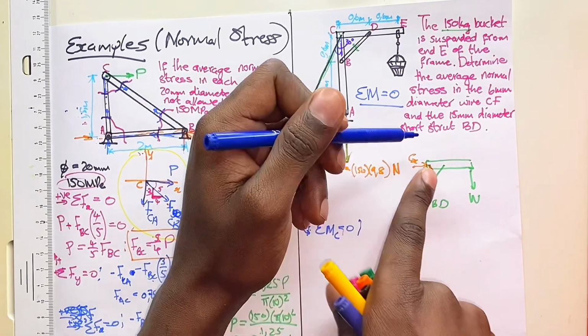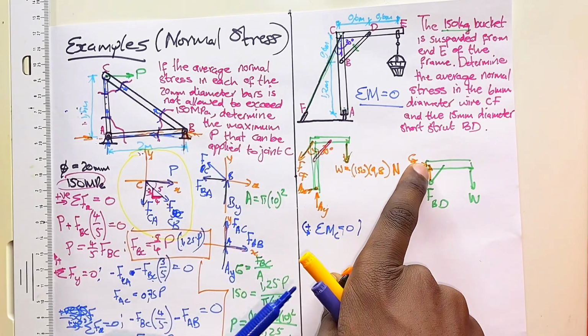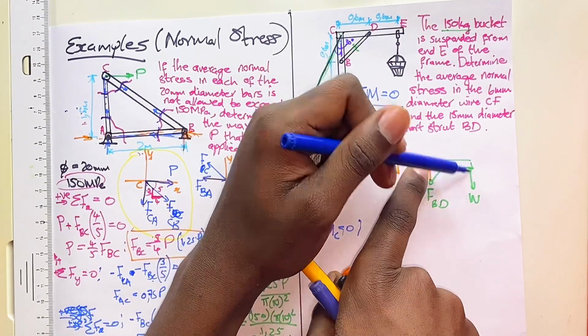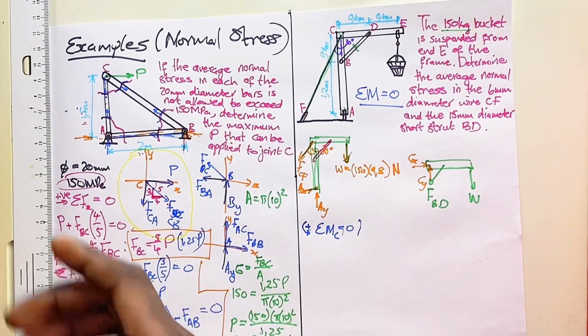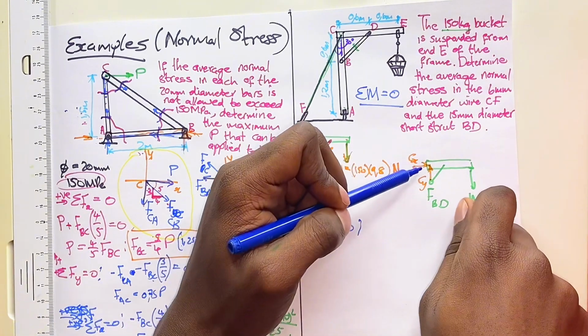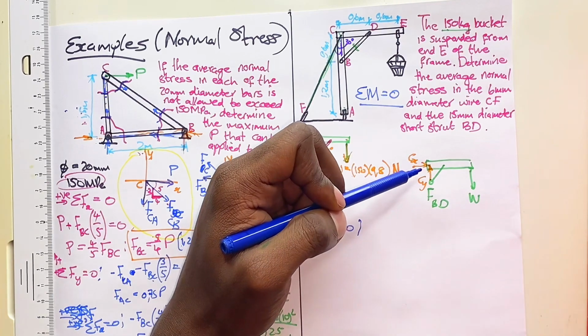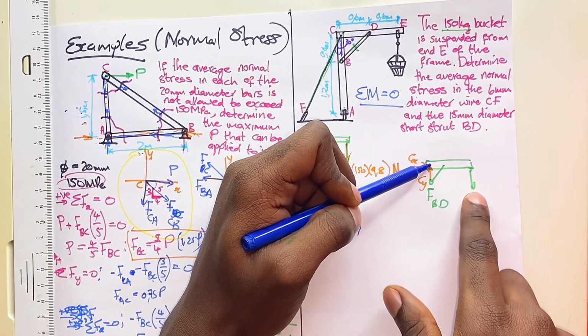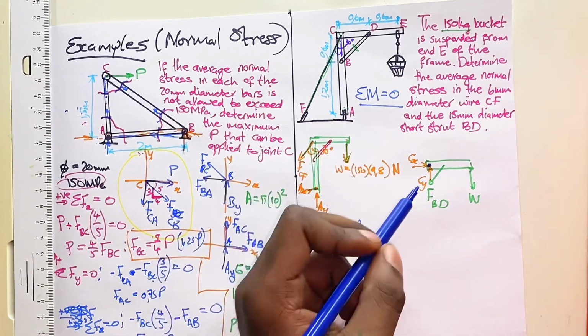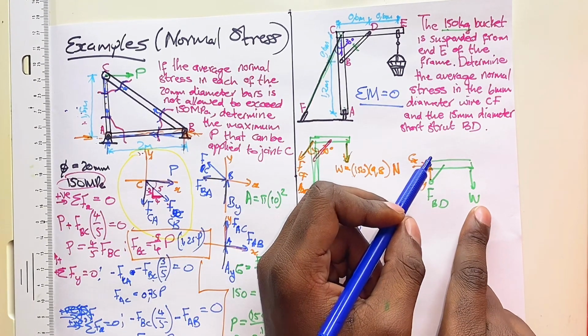The first one is that if you take C as your reference, you will have the weight, and that weight will try to cause a rotation that is clockwise, because that bucket is pulling in this direction. So it will be a negative moment.